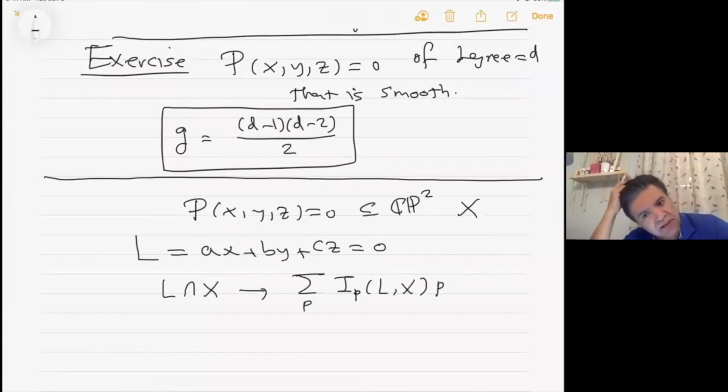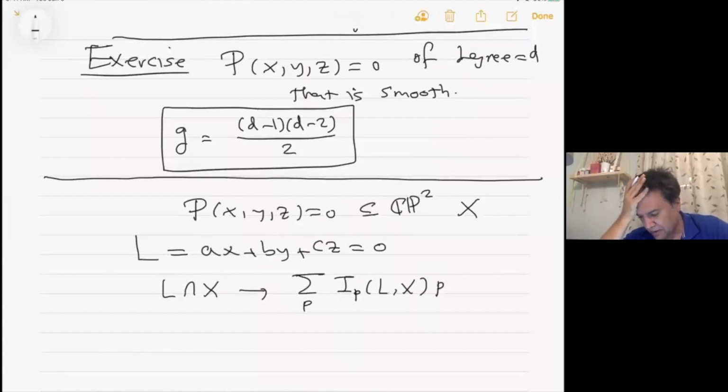By I_P(L, X), I mean the multiplicity of the intersection at P on X that lies on L. So when you take L intersection X, you get certain points.